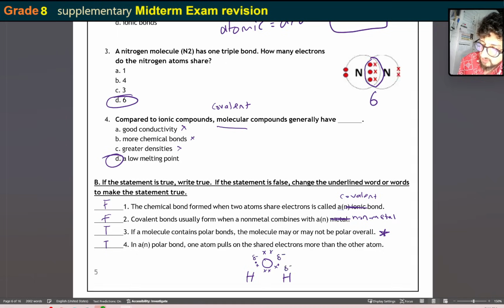And so the hydrogen becomes slightly more positive. And that's how polar bonds are formed. It's still equal sharing, but one of them is pulling slightly more strongly than the other, and so it results in a charge.